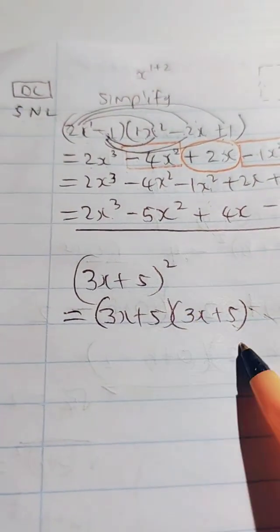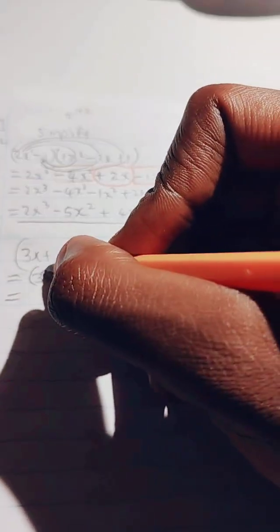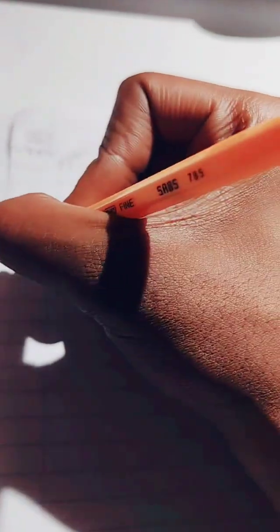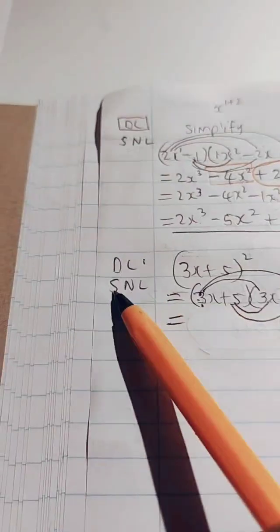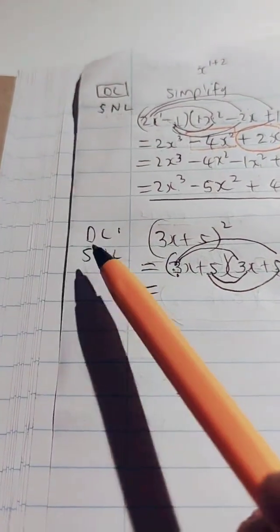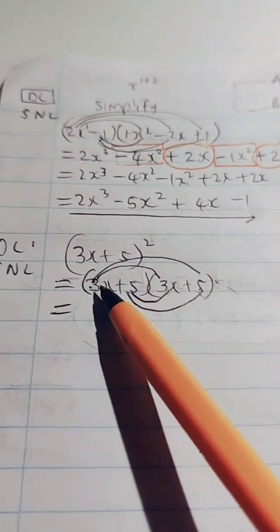Once again, we are going to play Mr. Distribution. Take 3x, send him here. Take 3x, send him to the other term. Not only that, take 5, send him here. Take 5, send him there. As we do so, we know we're applying the distributive property, applying multiplication of SNL: sign, number, letter. Let's go.